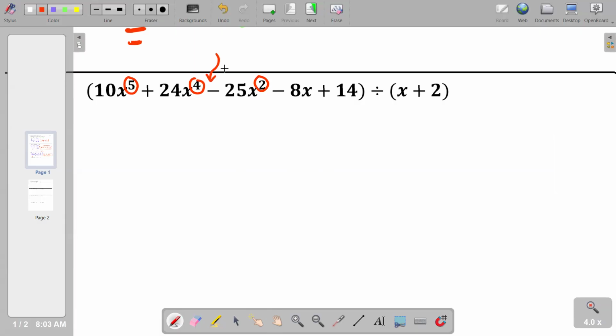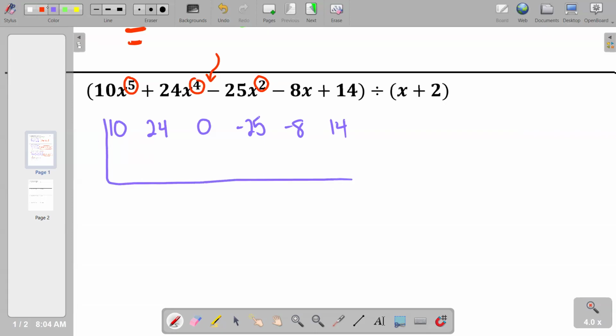There's a term that got skipped. So when I'm prepping my synthetic, I need to be aware of that. And my numbers are going to be 10, 24, missing guy, -25, -8, 14. And then what number are we going to synthetically substitute?